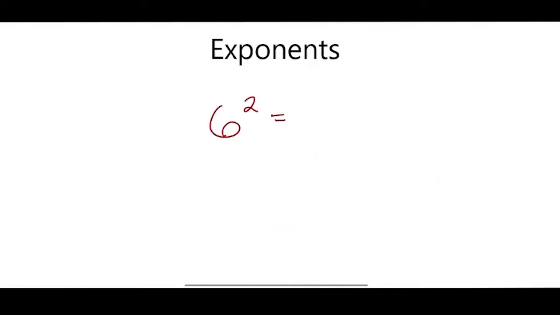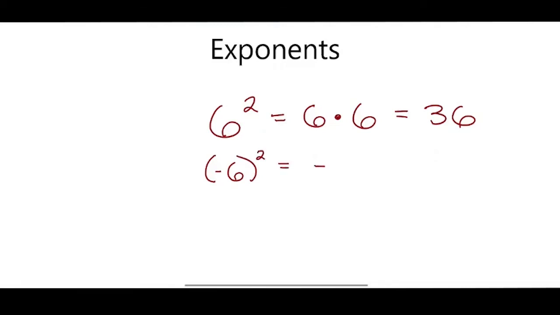Let's do 6 squared. 6 squared is 6 times 6. And 6 times 6 is 36. But if that 6 is negative inside of parentheses squared, that's negative 6 times negative 6, which is also 36.